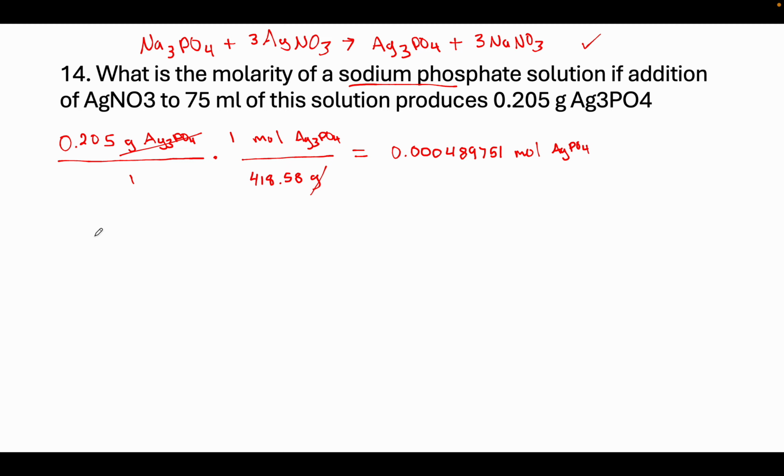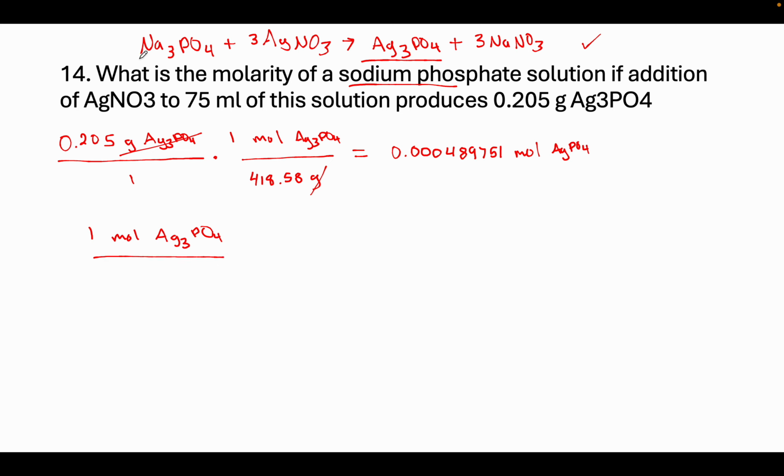We can build our ratio. Oh, man. It's just 1 to 1. Look at this. Ag3PO4, I'm going to use this one. 1 mole. I didn't even have to do that, probably. Well, that was good because then you get to see it. I don't regret it. 1 mole of Ag3PO4 and sodium phosphate.